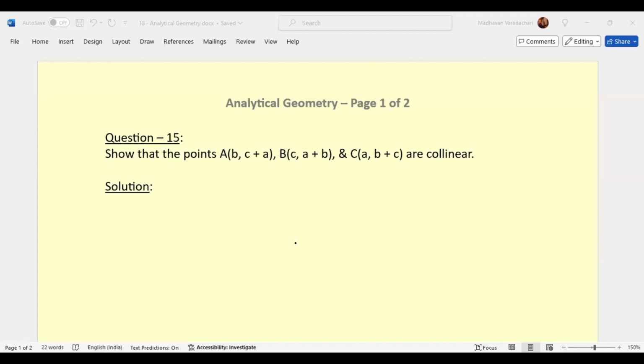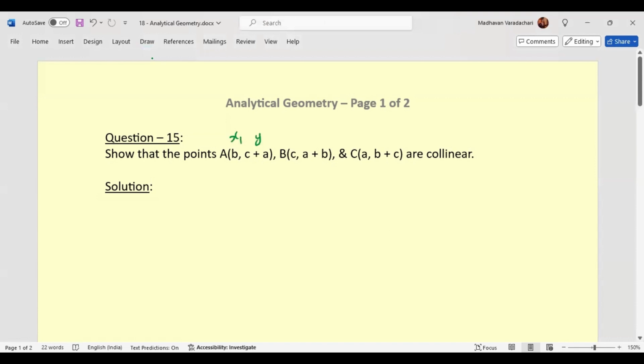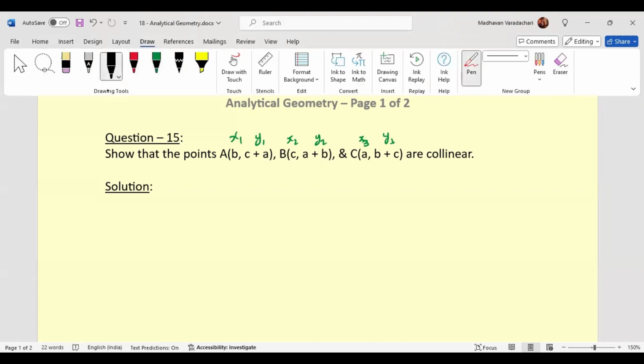Question 15. Show that the points (a, b+c), (b, c+a) and (c, a+b) are collinear. So first of all, we will consider these values as x1, y1, x2, y2, x3, y3. Now let us proceed.